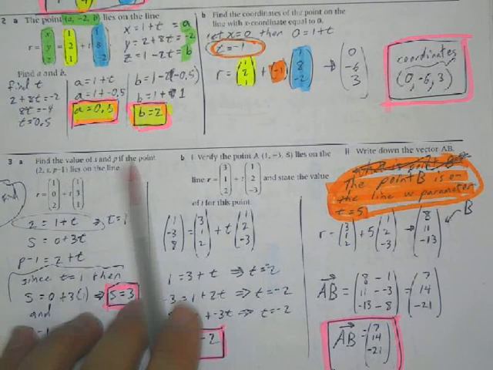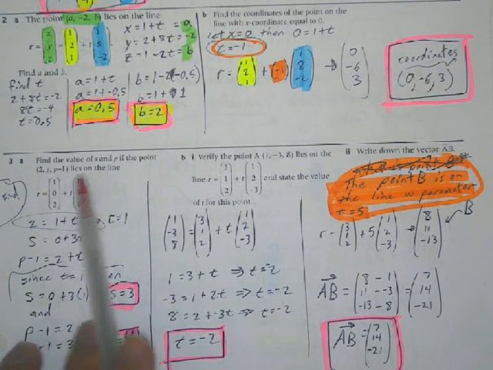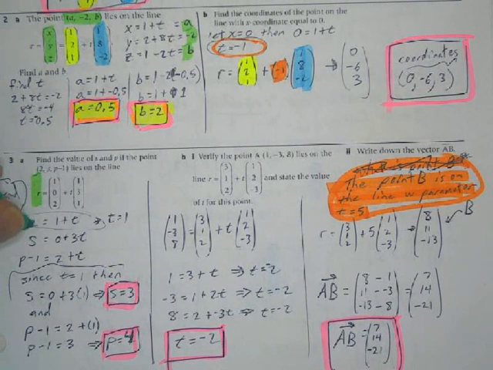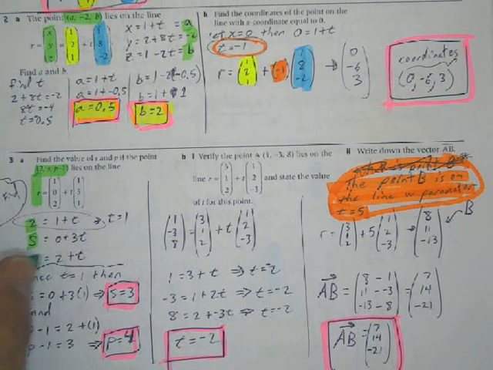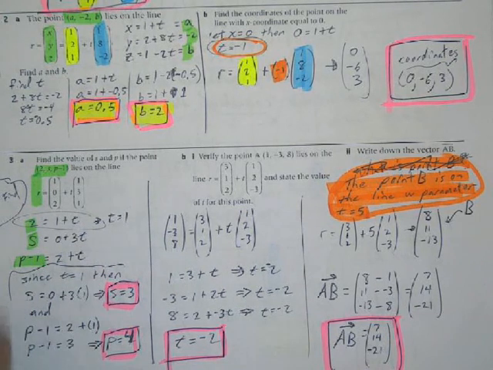Okay. All right, 3a. Find the value of s and p when it lies on this line. Once again, I'm replacing r with 2s and p minus 1, and then I rewrote it in parametric form. And then what did I use? I used this top line here.